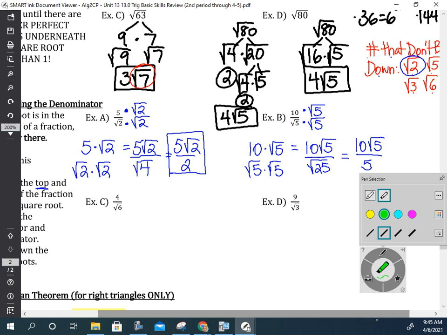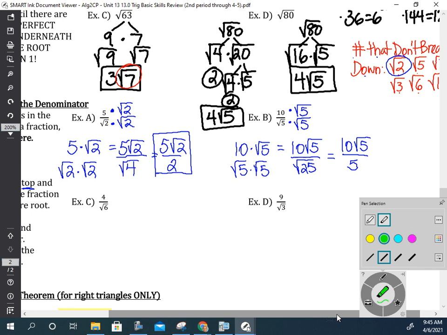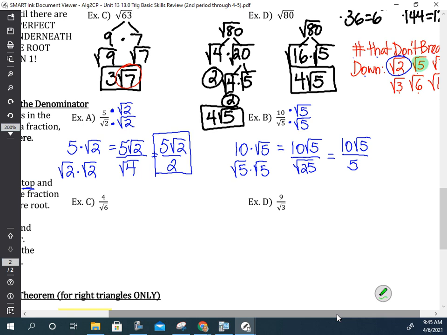All right. So there's one part that needs to be finished off. The square root of 5 can't be broken down. That's one of your numbers that won't break down. But this 10 and that 5 can divide. 10 divided by 5, the last time I checked, is 2.